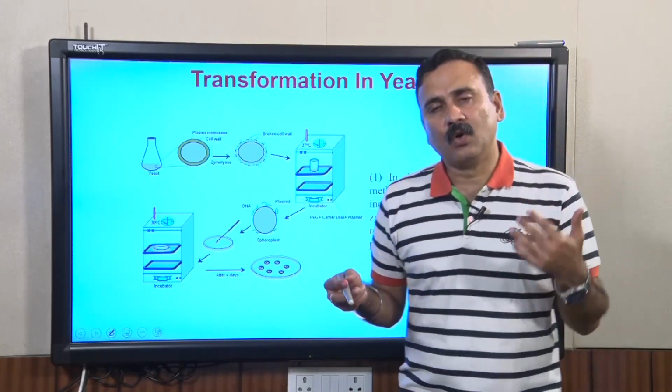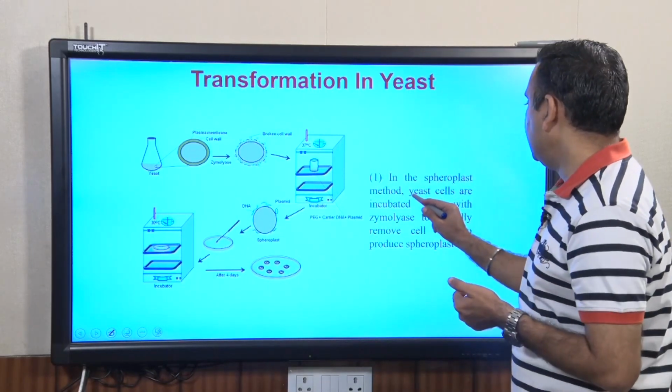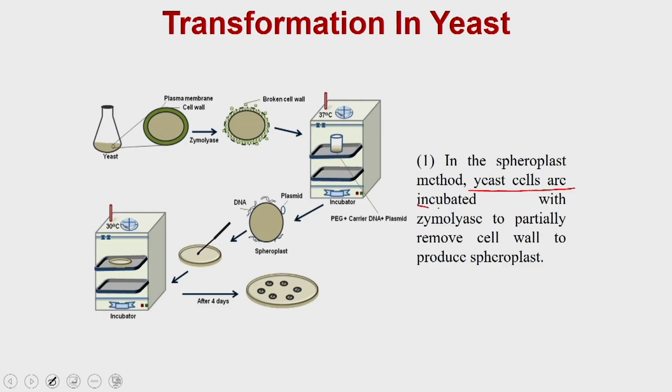Then you incubate the yeast cells with an enzyme called zymolyase. Zymolyase removes the cell wall components, creating a partially degraded cell wall, and produces the spheroplasts.